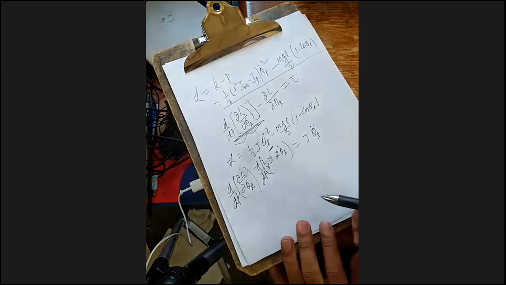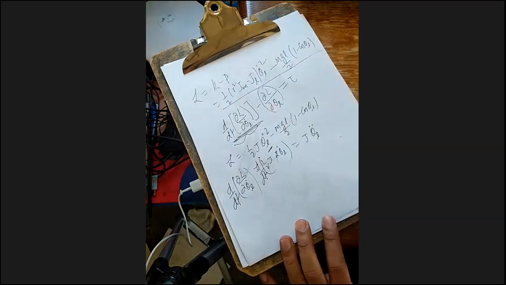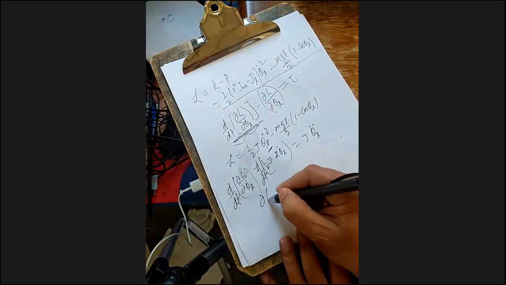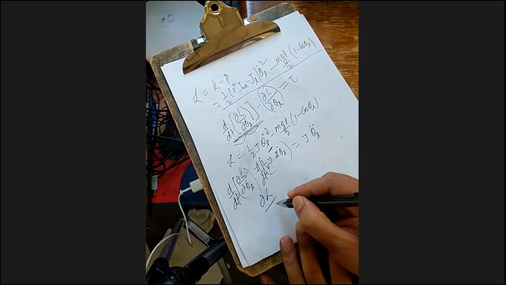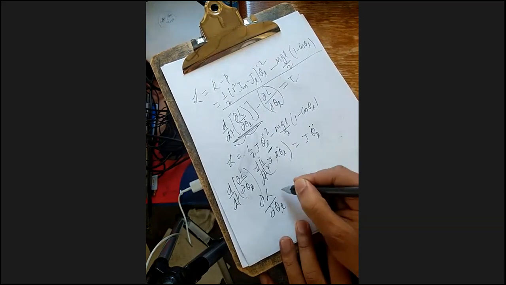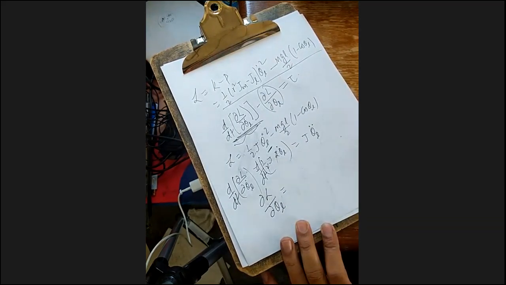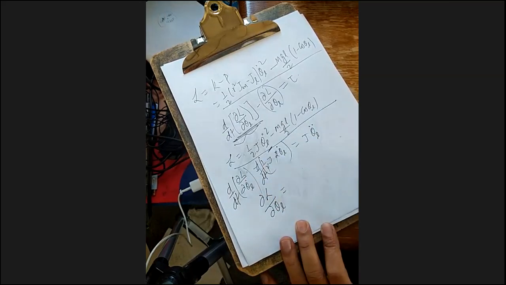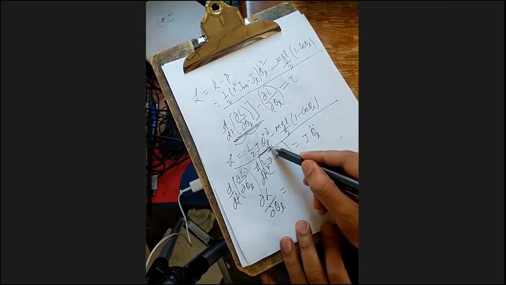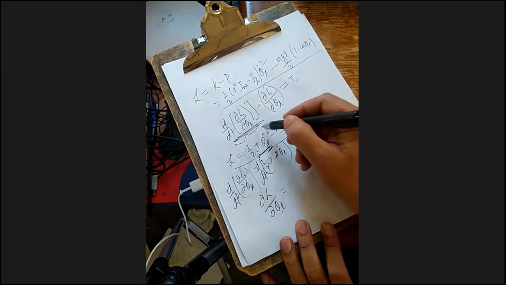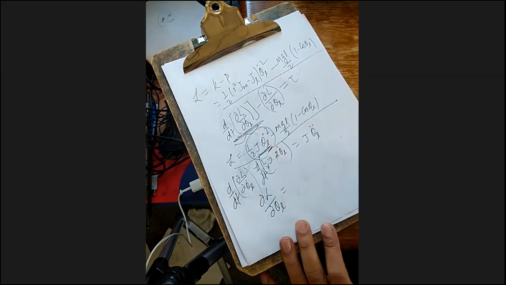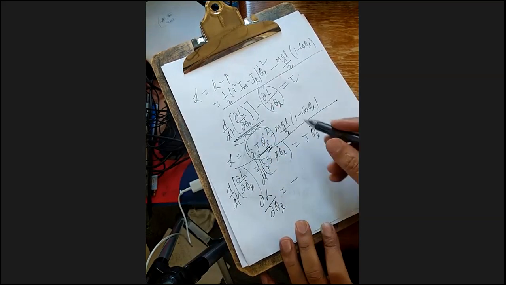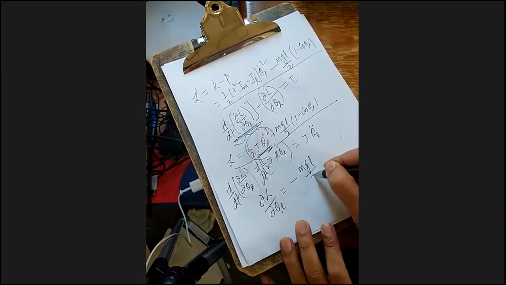Now let's do this part here, then we'll subtract. What is the partial of the Lagrangian with respect to theta L? This term has theta L dot, so the partial with respect to theta L is 0. From this term, we get 0. Then we have minus mg L over 2.